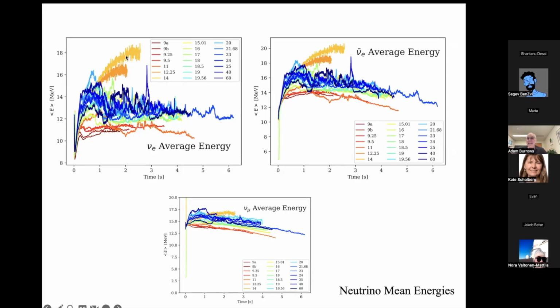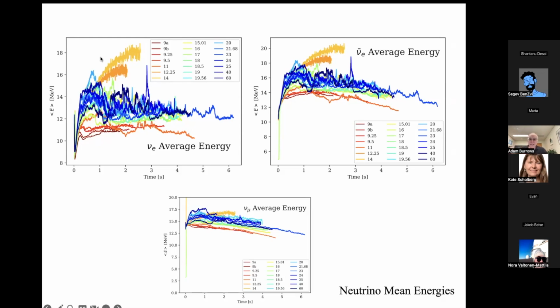Okay. Again, when a black hole forms, the signal turns off. And for those that gave very energetic explosions that might have formed a black hole at 1.75 or 2.5 seconds after bounce, you're going to see the neutrinos. It's going to be a pretty strong signature, and then it's going to turn off.